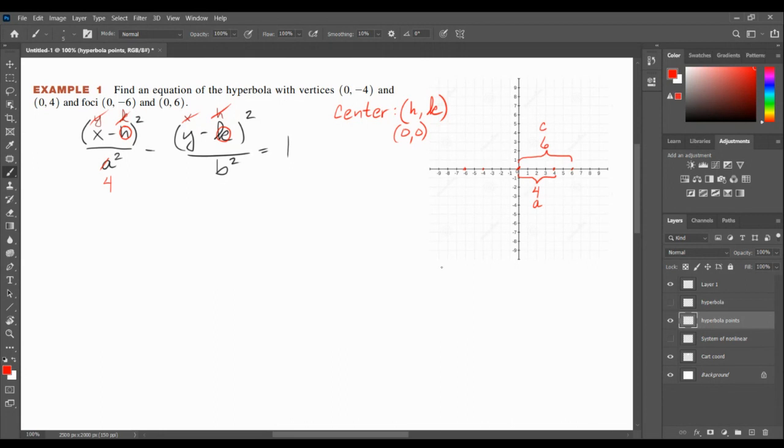And we are told in that box on the right side of the conic summary sheet for hyperbolas that c squared equals a squared plus b squared. This will allow me to find b. I know c is 6. a, we already figured, was 4.